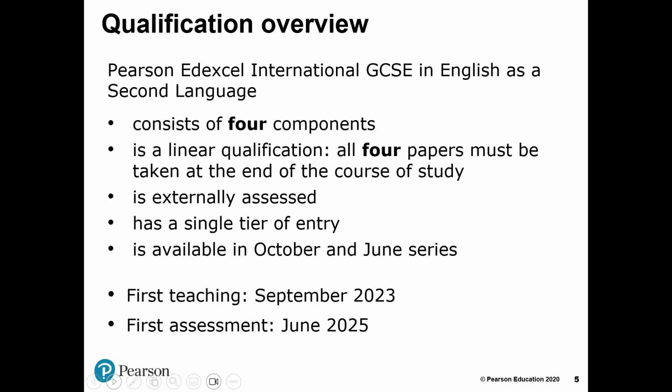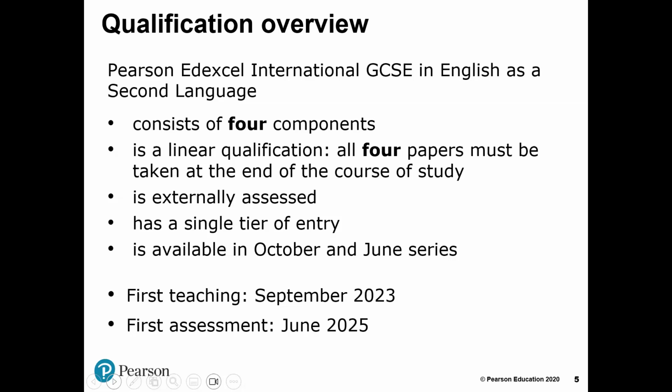Okay, so we're going to take you through this overview again. It's probably a reiteration of what we said on Monday if you're here on Monday, but if not, it's important to remind you. So the Pearson Edexcel International GCSE in English as a second language has 4 components. It's a linear qualification, so that means that all of the exams are taken at the end of the course of study.